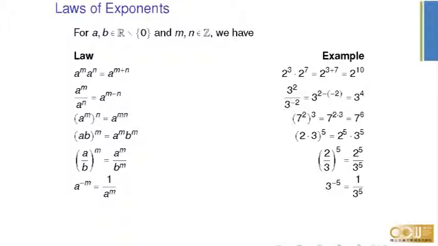The difference lies in the fact that we are now allowing m to be any integer, so m can even be a negative number. On the left-hand side are some number examples. It should not be too difficult to convince yourself they are correct.